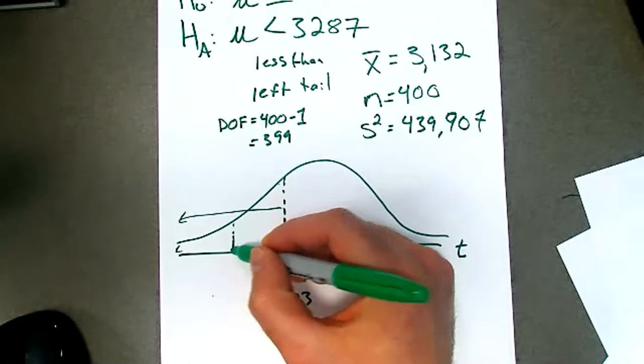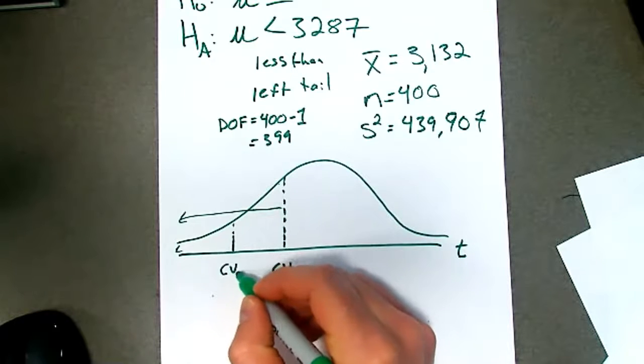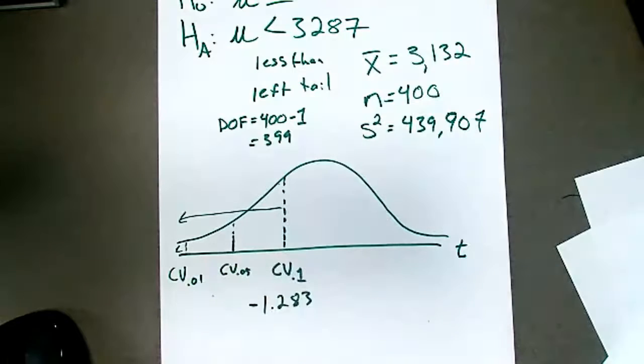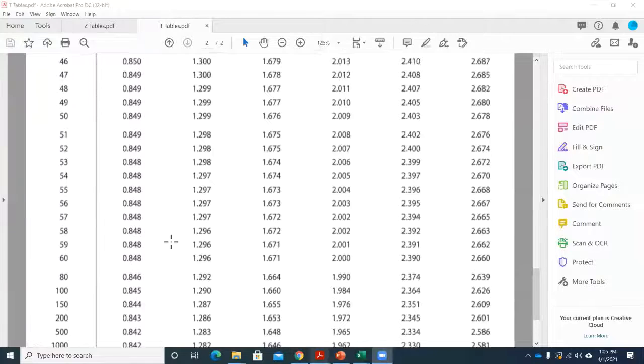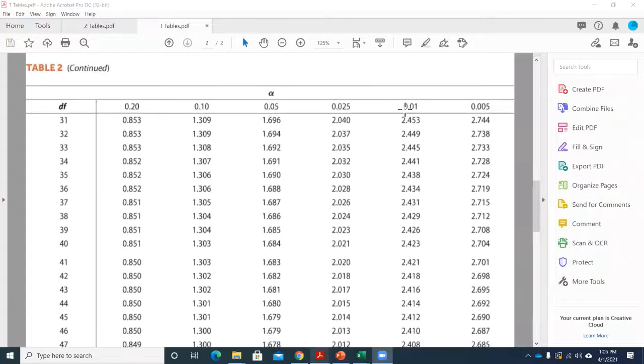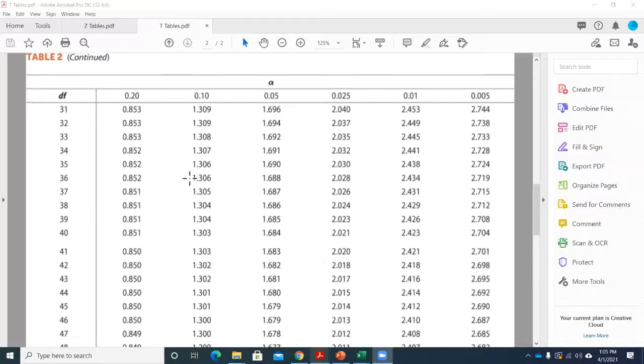We could then do the same thing. What are the critical values that give me 0.05 and 0.01 in those left tails? When I was on that table, it would have actually been pretty easy. I want 0.1, 0.05, and 0.01. Those are my 3 alphas, the area I want in the tail. So I go down here.